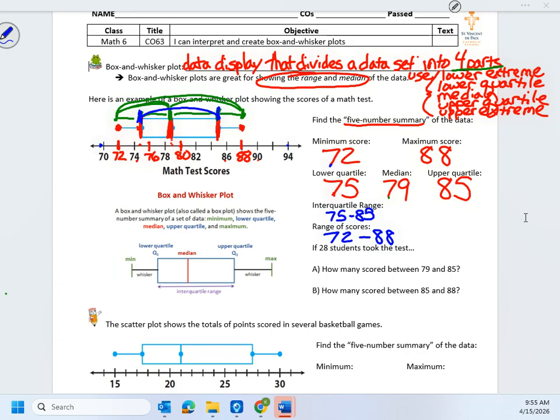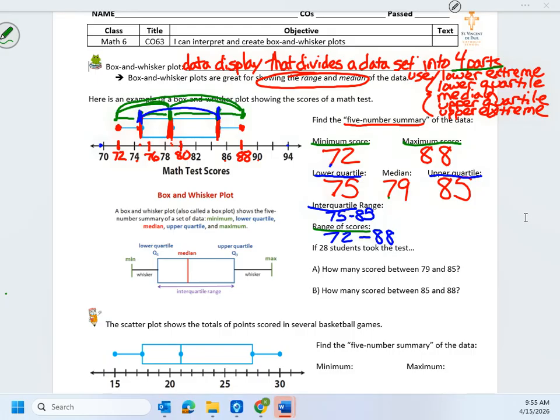Does that make sense? So when we're looking at the interquartile range, we look at the lower quartile to the upper quartile. When we look at the range of all the scores, we're going from the minimum to the maximum, that lower extreme to the upper extreme.